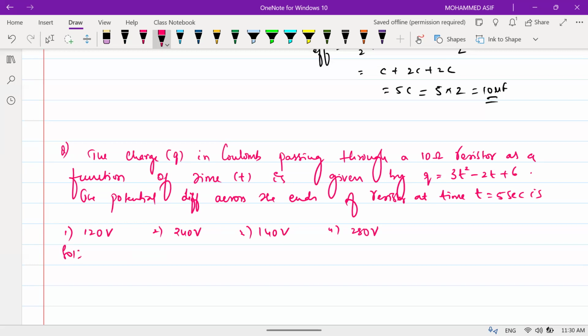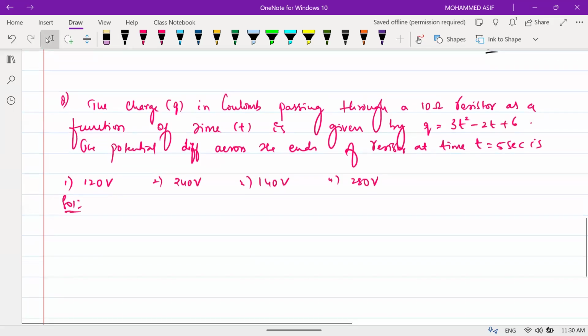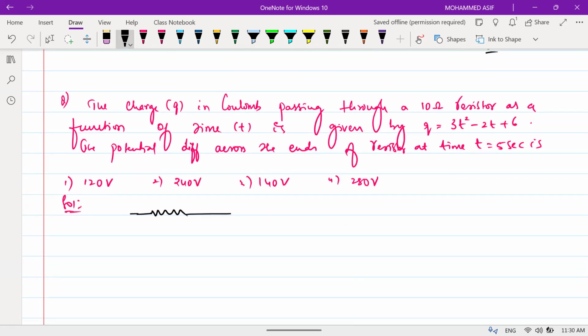Read the question carefully. The charge in coulombs passing through a 10 ohm resistor. There is a 10 ohm resistor like this. R is equal to 10 ohm. As a function of time t is given by, so whatever the charge is flowing, q is equal to 3t square minus 2t plus 6. The potential difference across the ends of the resistor.